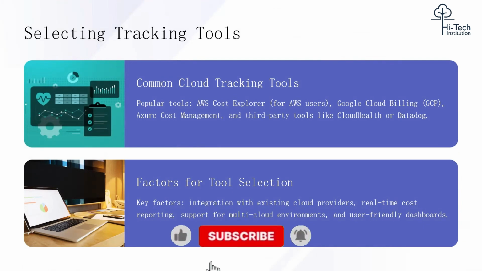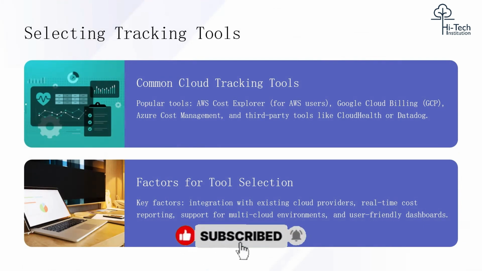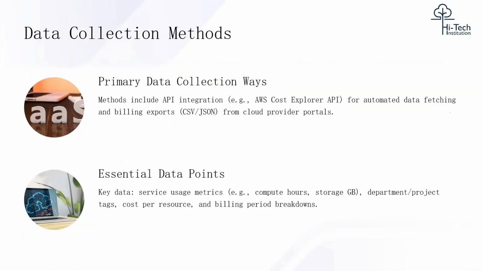For example, if a company uses both AWS and Azure, they will look for multi-cloud tools like CloudHealth and Datadog, and people will prefer those. So selecting tracking tools is covered.